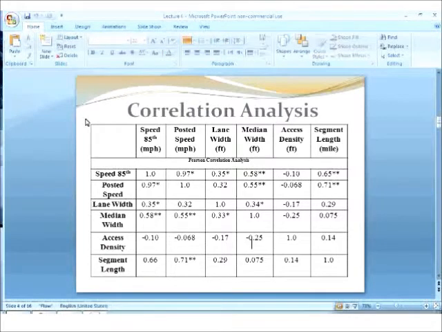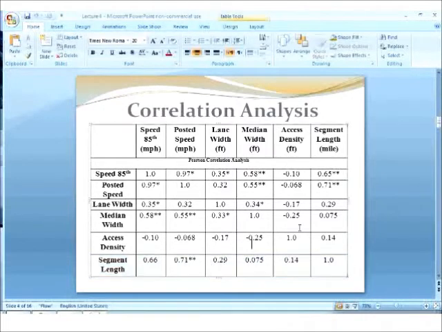This is when we do the correlation analysis. Using SPSS, this is the kind of table that we get. We have the dependent and independent variables in the rows, and then over here in the columns as well.